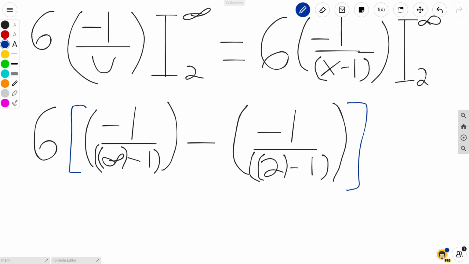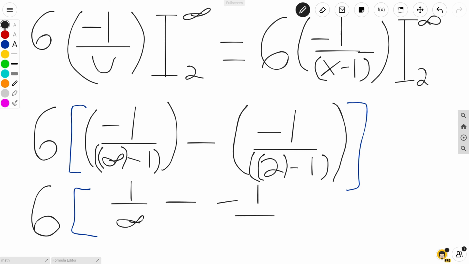When we compute this, we get 6 times 1 over infinity, because the 1 is very insignificant, minus negative 1 over 2 minus 1, which is just 1.